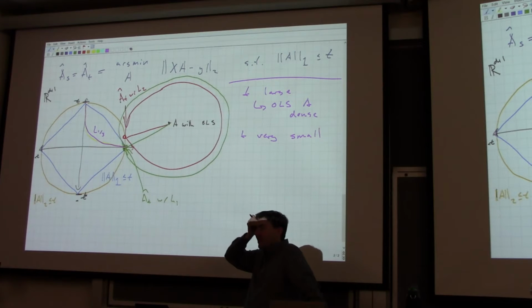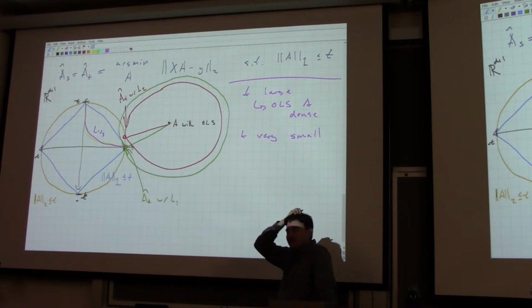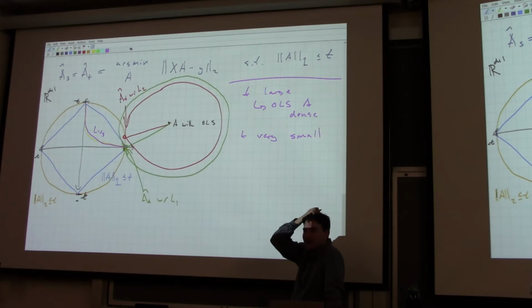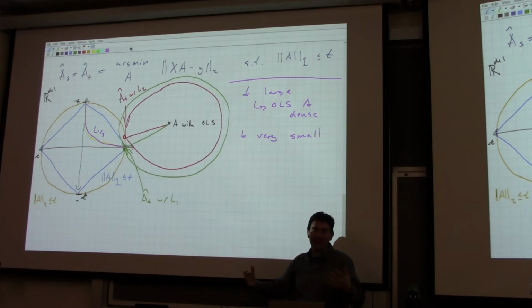Okay, so if t was really small, you get 0. What happens if you make t slightly bigger than 0? You went through a nihilist phase, and you're coming out of that slowly.